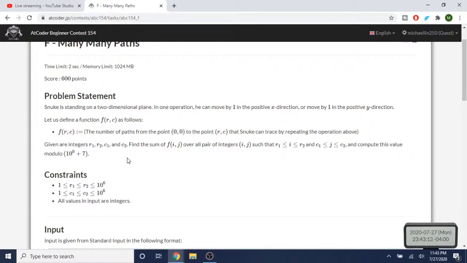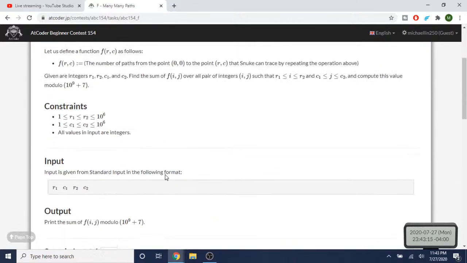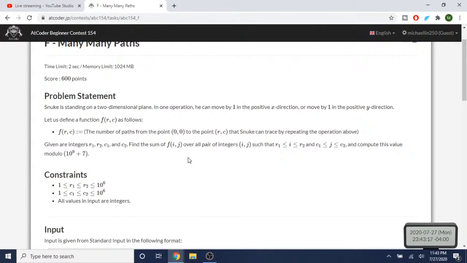Okay, so let's try to do this. The number of paths from the starting point 0, 0 to R, C. I think I did a problem similar to this on Codeforces.